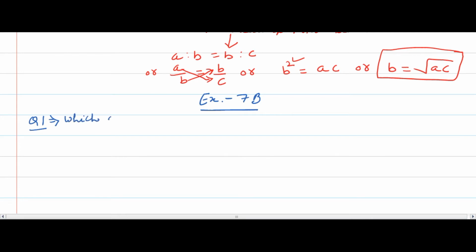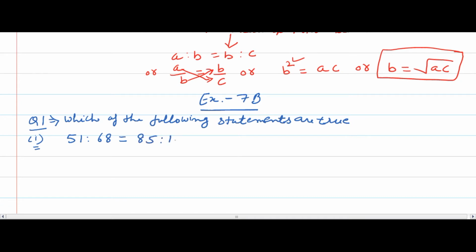Now the first part is 51:68 is equal to 85:102.